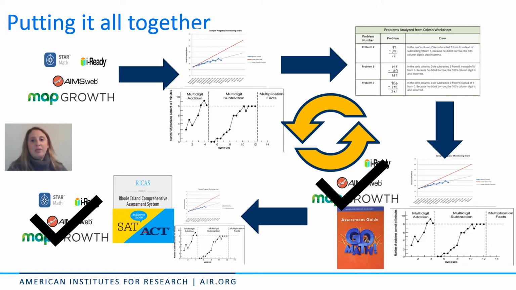Finally, as the year wraps up, there are the summative outcome assessments such as the state assessment RICAS or SATs for the secondary level, and we use that information in connection with our end-of-year screening data and student responsiveness based on progress monitoring data to determine how accurate we were with our initial risk identification, which students will continue to need intensive supports in the coming year, and where the district, school, and grade will need to focus their staffing and resources to support the achievement gap.